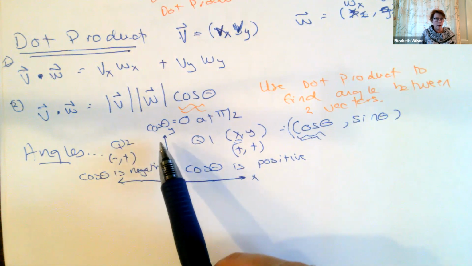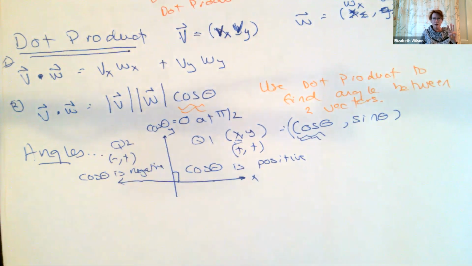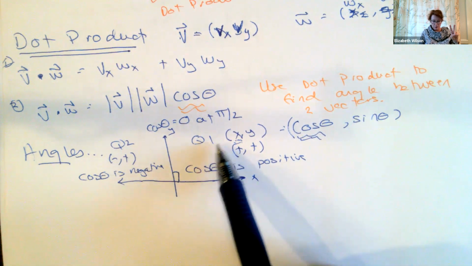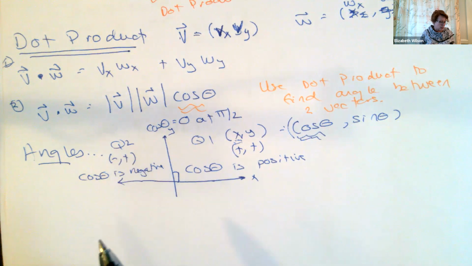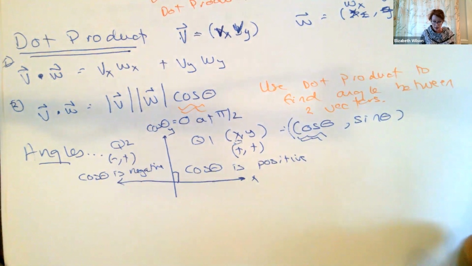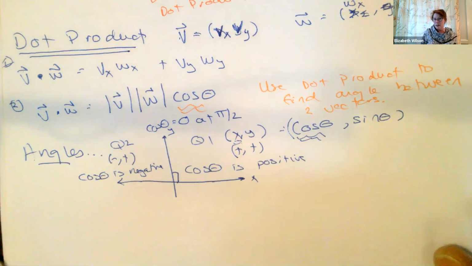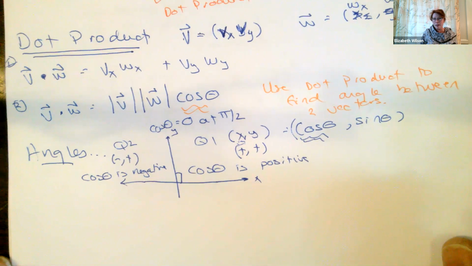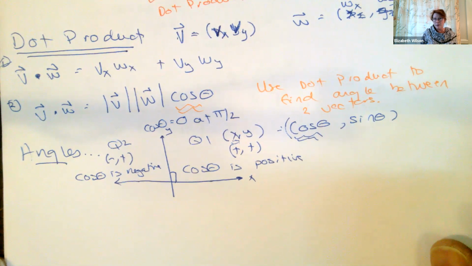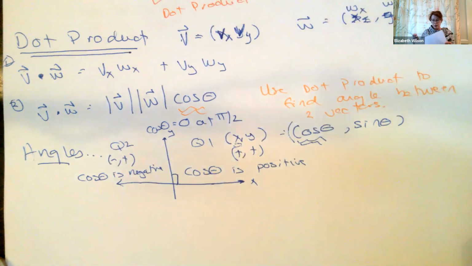They're between 90 and 180. So we've got 3 different types of angles that we're dealing with: acute, right, and obtuse. And the dot product is going to tell us what's going on with these angles. I'm going to be able to figure out from the sign of the dot product if I have an acute, right, or obtuse angle. Okay, let's talk about that.